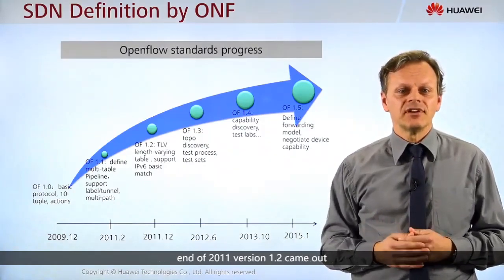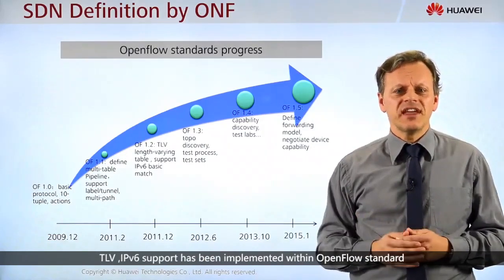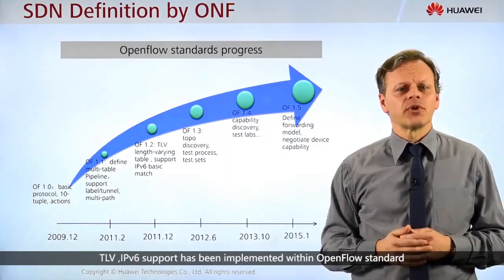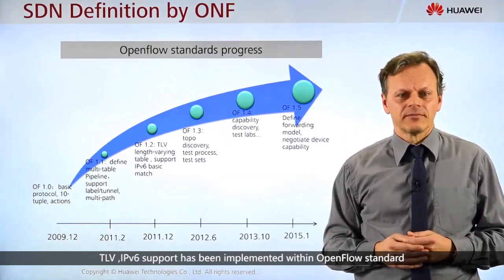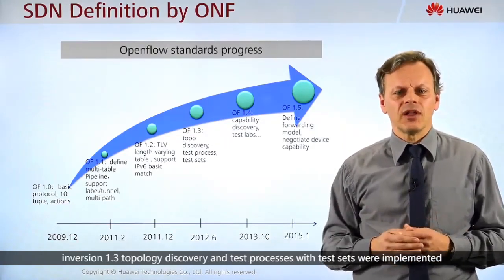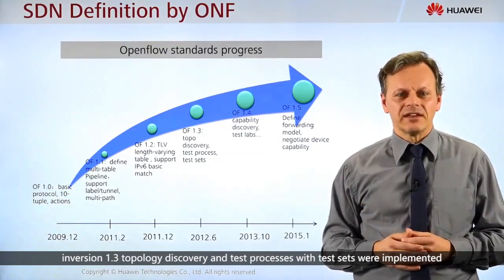At the end of 2011, version 1.2 came out. TLV table variation and IPv6 support have been implemented within the OpenFlow standard. In version 1.3, topology discovery and test processes with test sets were implemented.